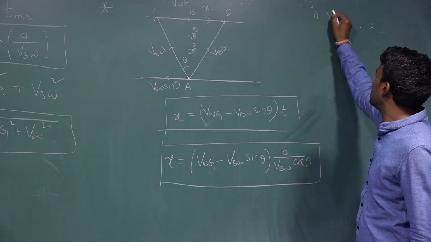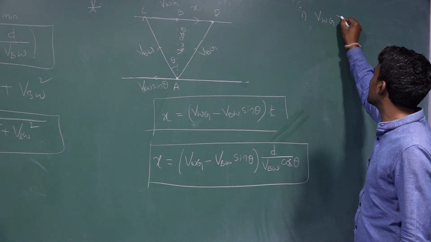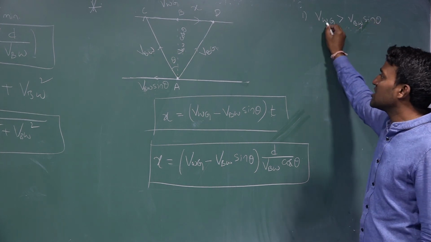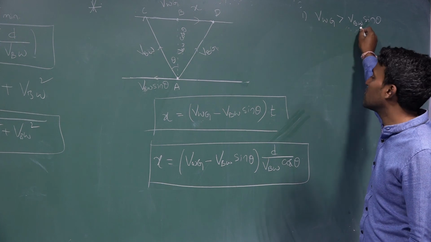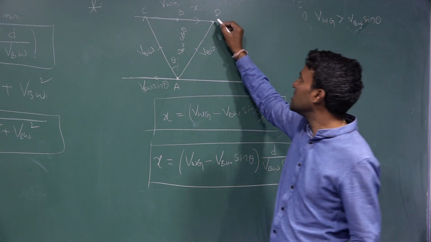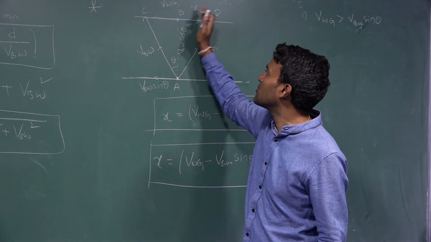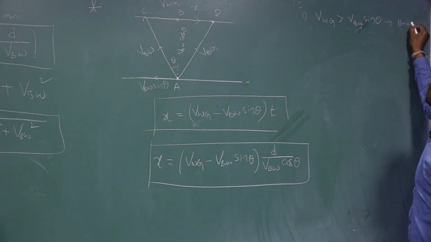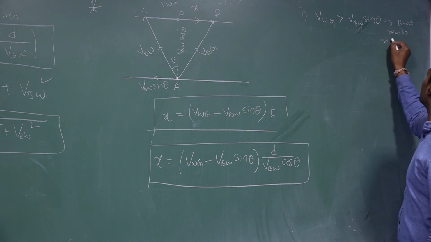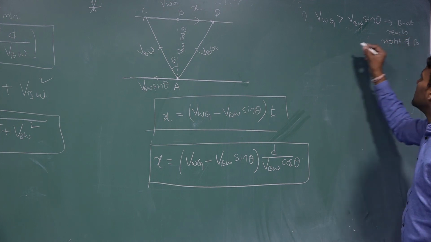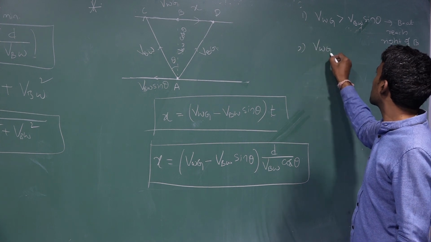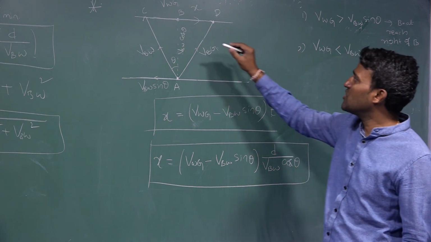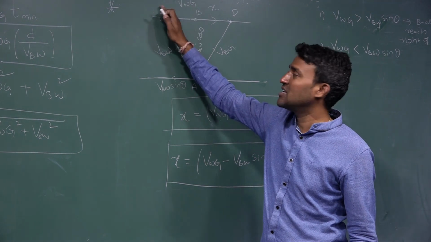Case 1: if the velocity of the water with respect to ground is greater than the vertical component, the velocity of the boat with respect to water sin theta, at that moment the boat reaches right of B. Second, if the velocity of the water with respect to ground is less than that component of the boat, at that moment the boat will reach left side of B.